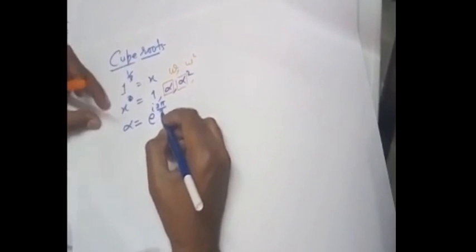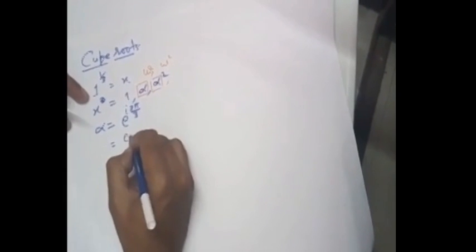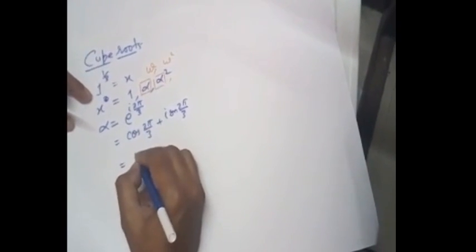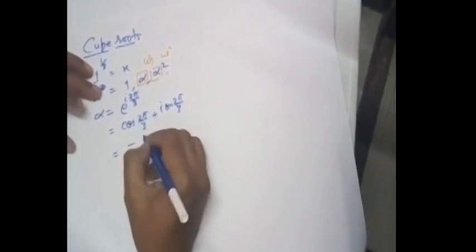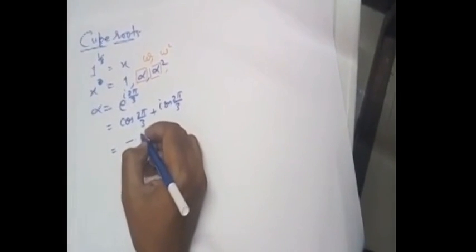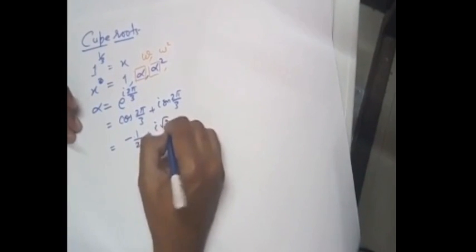So if we solve it, then it will be cos 2 pi by 3 plus i sin 2 pi by 3, and cos 2 pi by 3, you know, will be minus cos 60, that is minus 1 by 2, plus i root 3 by 2.